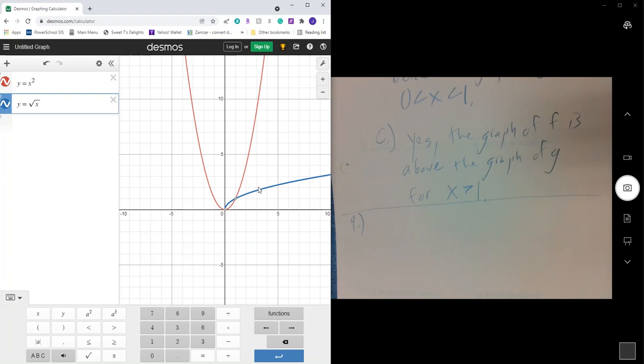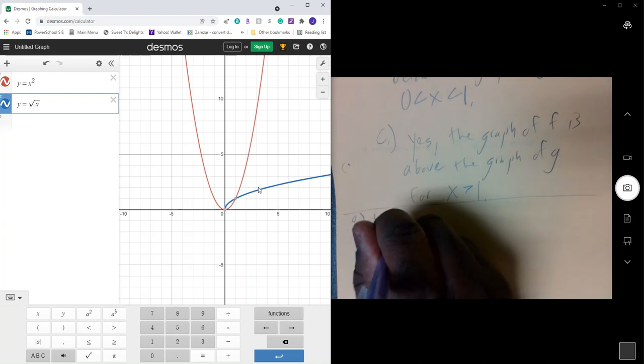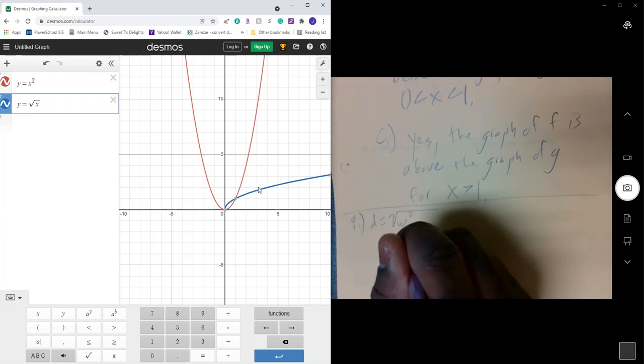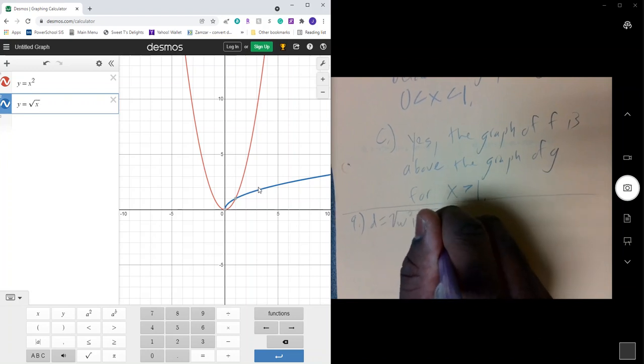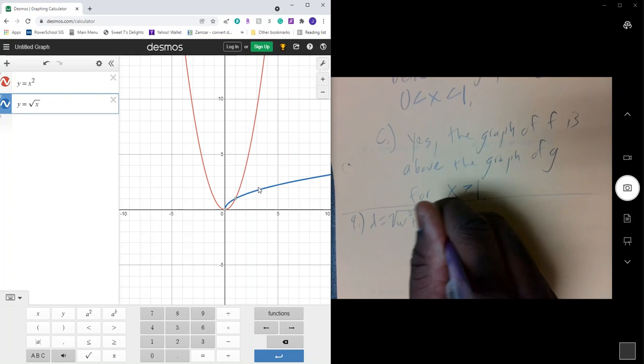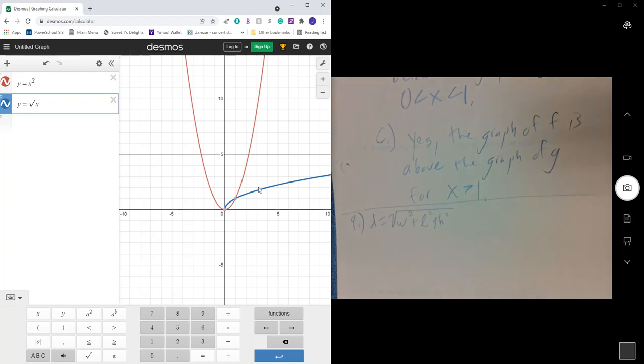The diagonal D of a rectangular box is modeled by, let me write this formula out, D is equal to the square root of W squared plus L squared plus H squared, where W is the width, L is the length, and H is the height. It says, will an umbrella measuring 34 inches long fit in the carton?